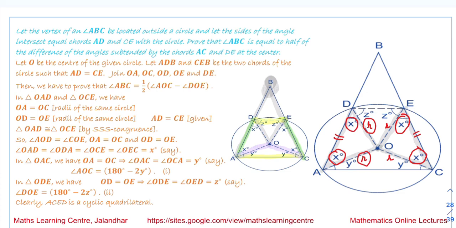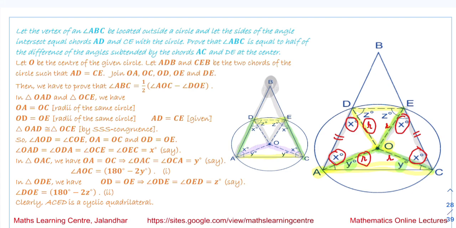Now similarly, we consider the triangle OED and the triangle OAC. In these two triangles, the sides OA and OC are equal. So these two angles are equal to y degrees.